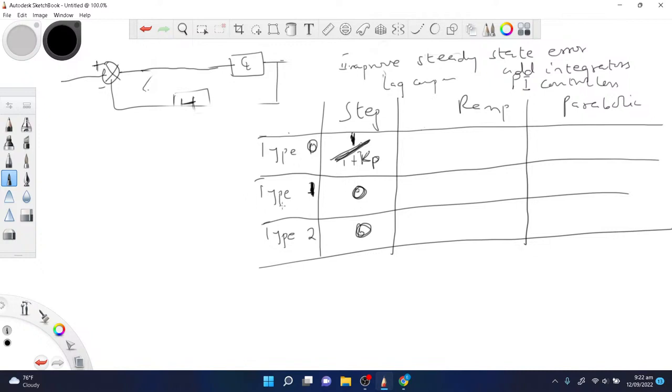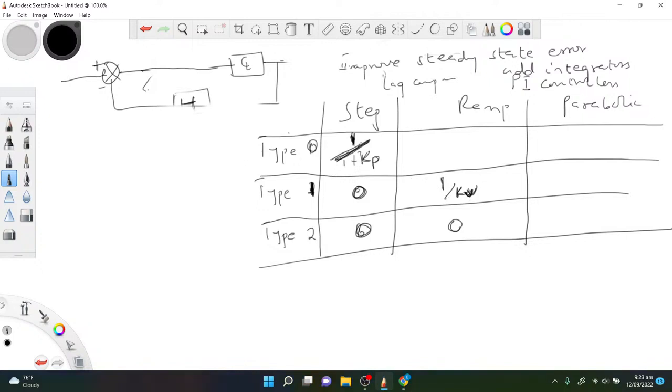Now, if you have a ramp input, type 1 will give you a finite value, 1 over Kv. So if type 1 is giving me a finite value, then if I add an integrator, that's a type 2, then I'm zeroing my steady state error.